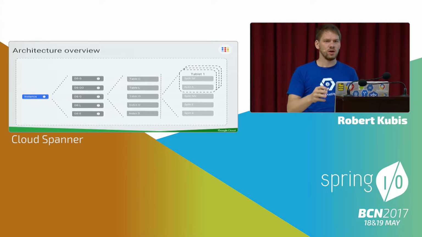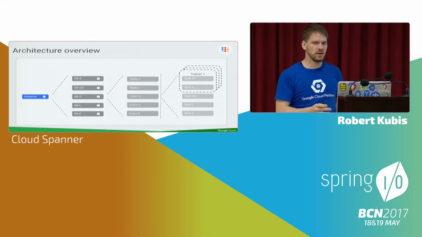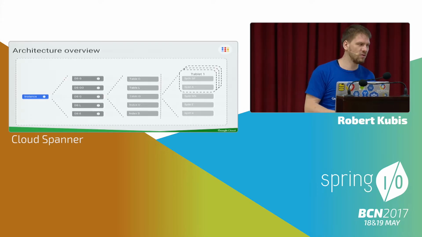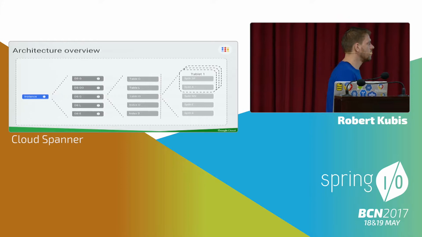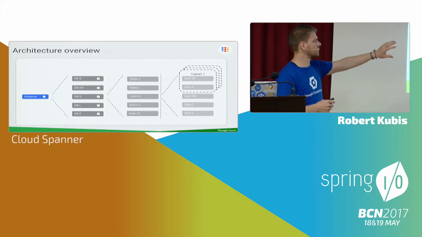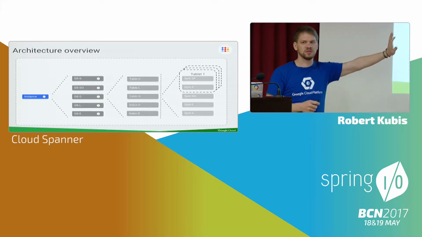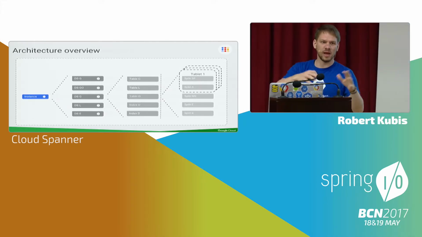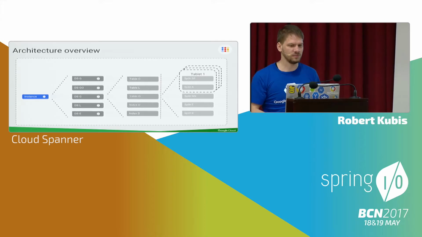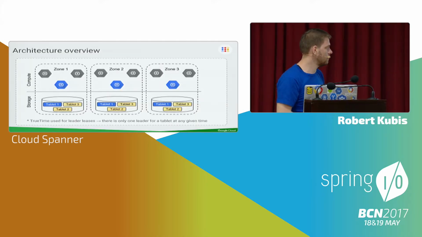We call that a tablet, and a tablet can have multiple splits. This might be a little difficult and confusing in the beginning, but what it means is that there can be multiple splits from different tables in one tablet, and then the Paxos group takes care of that tablet. So how does it look in detail?